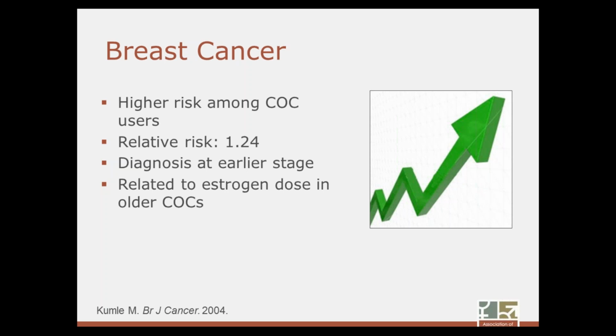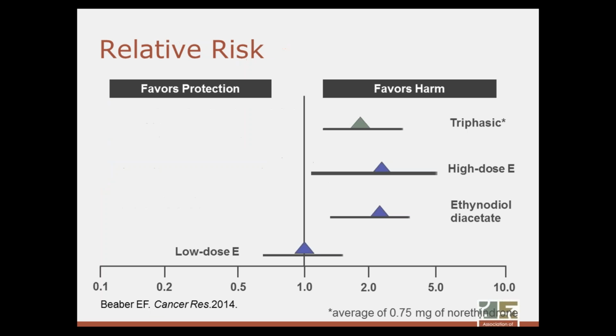And there are also some studies that have not found this association. A study that included a slightly older age group, age 35 to 64, found no significant increased risk of breast cancer among women who are current or past users of combined oral contraceptives. So this might be related to different factors, and it might be the estrogen dose and the formulation that's important here.